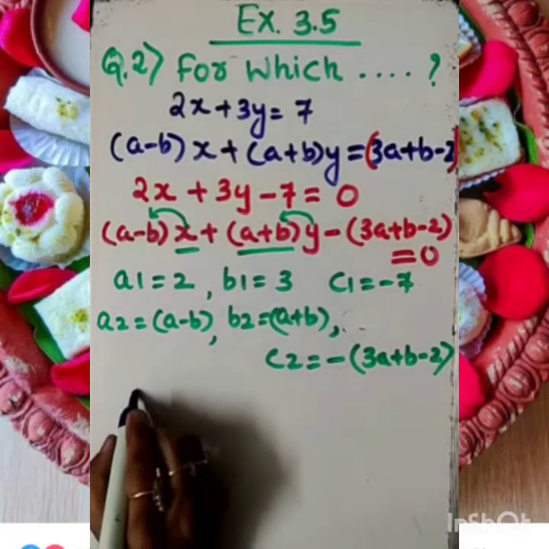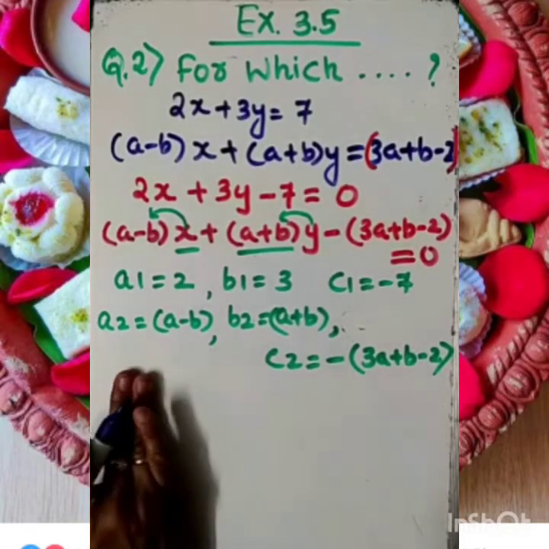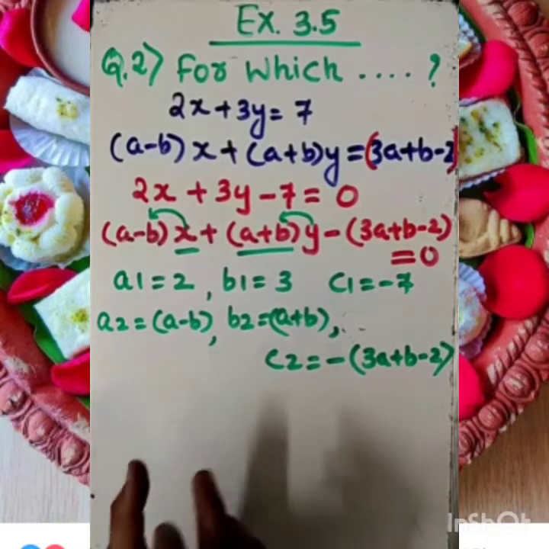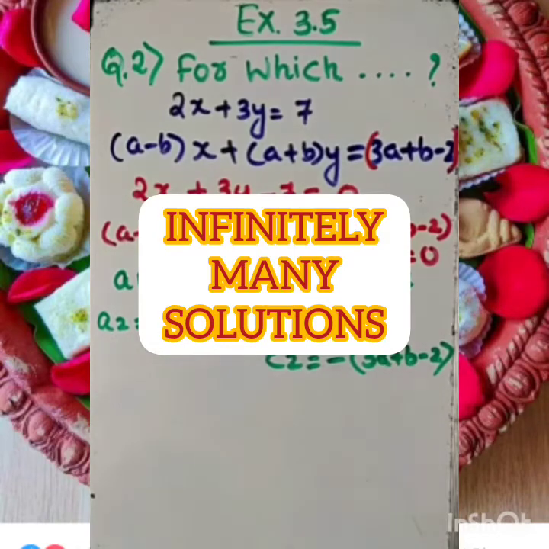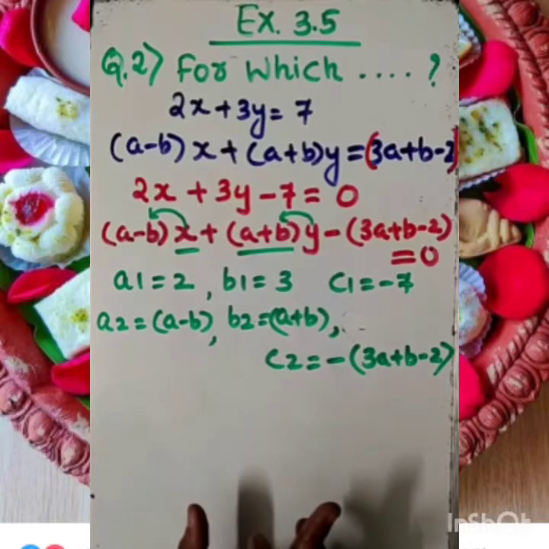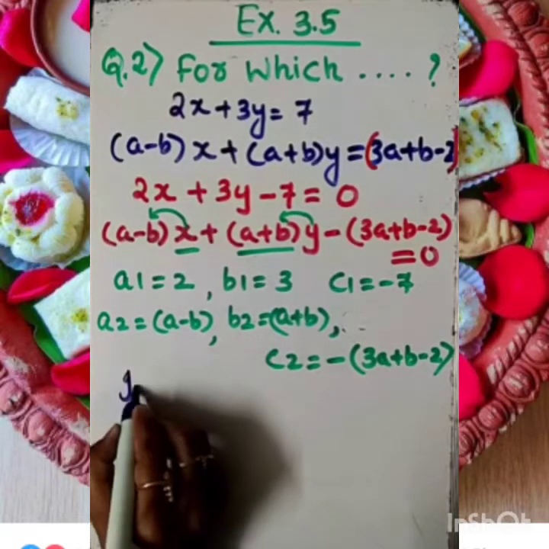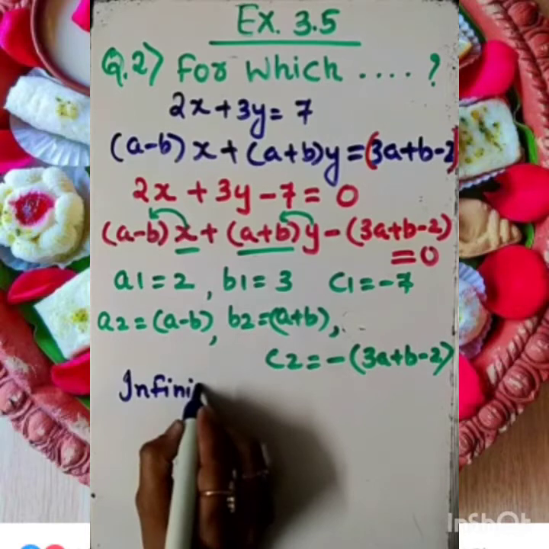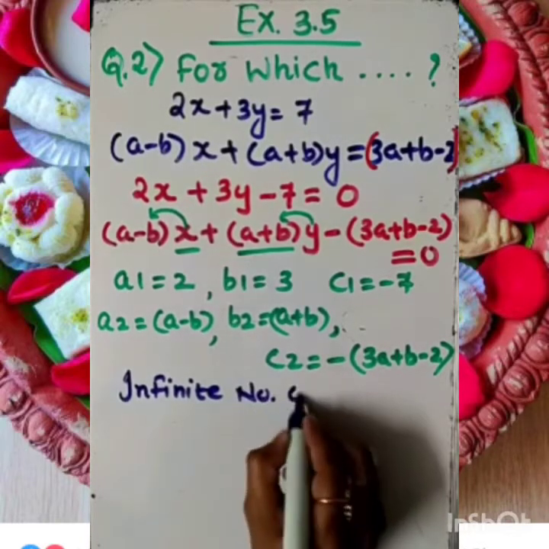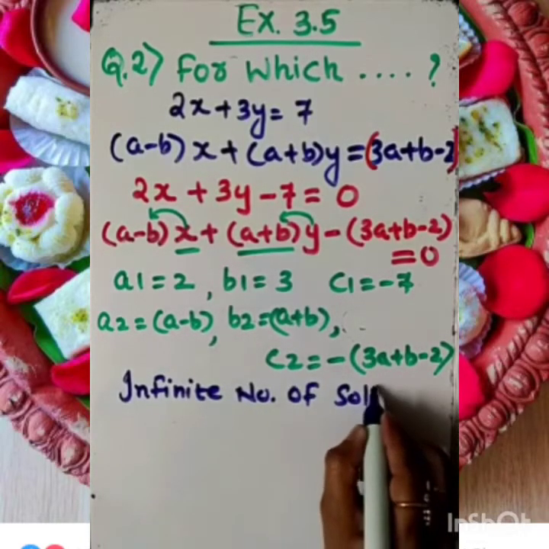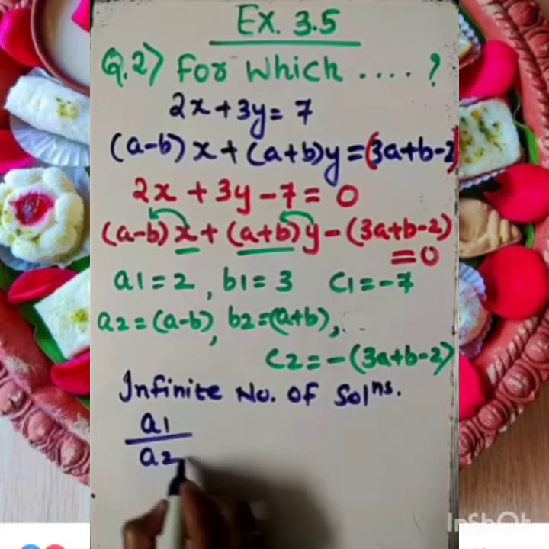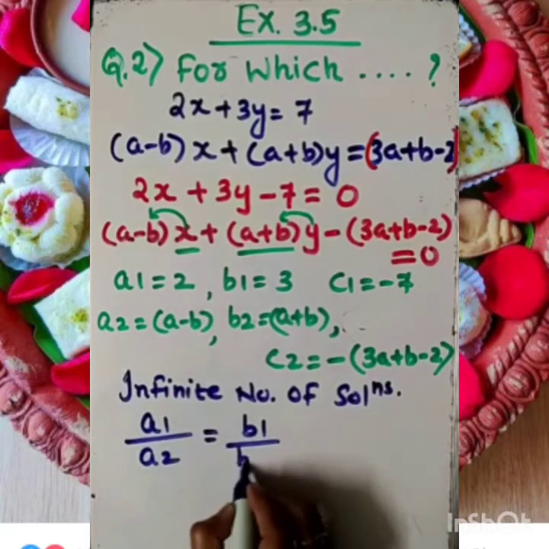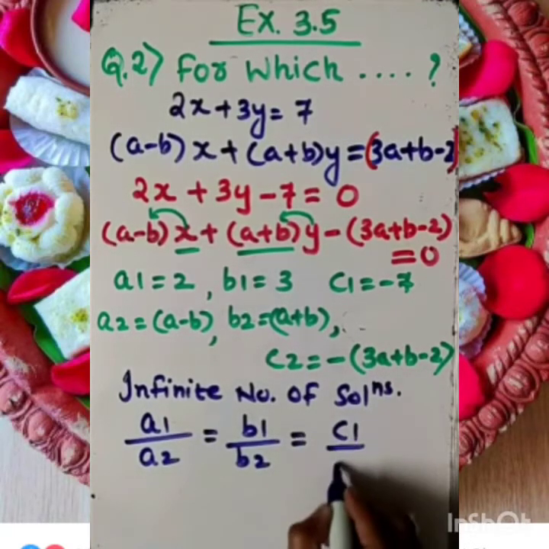Now let's work on that. As we are already given in the question, the equations have infinitely many solutions, an infinite number of solutions. Whenever we have an infinite number of solutions, we know that a1 upon a2 equals b1 upon b2, which is equal to c1 upon c2.